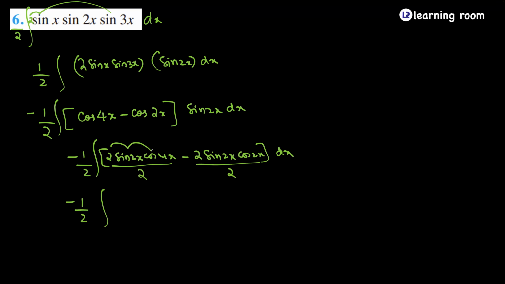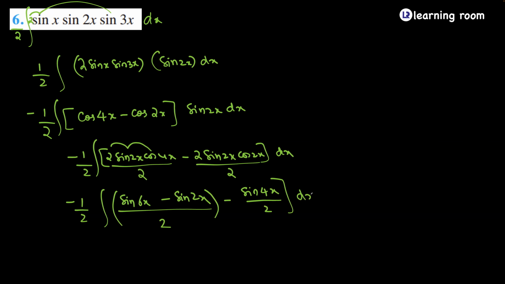Cos has the bigger angle, so sin of a plus b, that is 6x, and here it is going to be sin of 4x minus 2x, which is sin 2x. Should I put a plus or a minus? Cos has the bigger angle and sin has the smaller angle, so it is minus. The whole divided by 2, minus, and this is going to be sin 4x divided by 2, times dx.